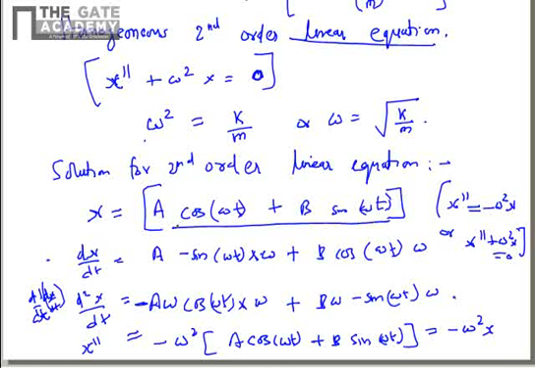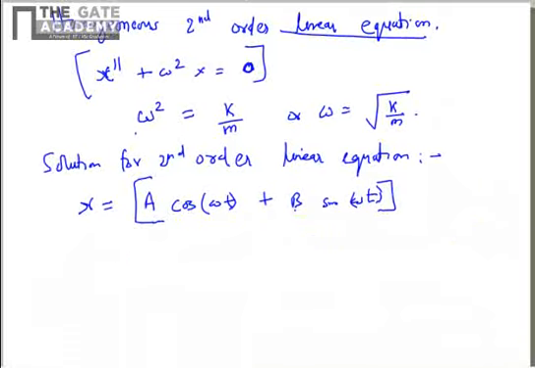Also in the solution, if you take just a cos omega t as a solution, that is also valid. But since you have two initial conditions, that is the initial displacement and initial velocity, you should have two unknown parameters. So this equation has two unknown parameters, that is a and b.